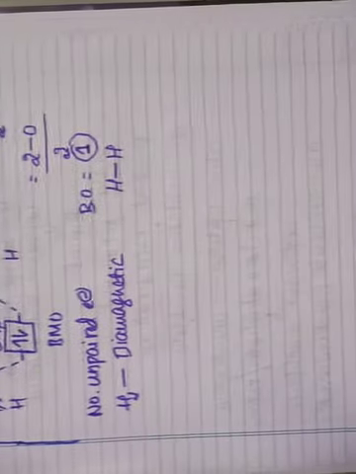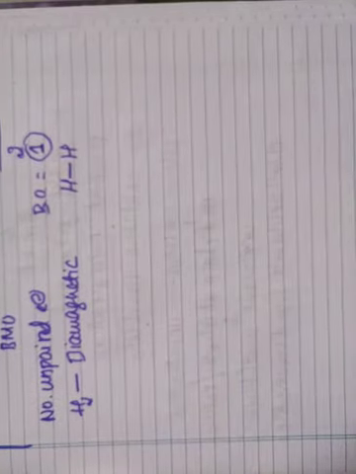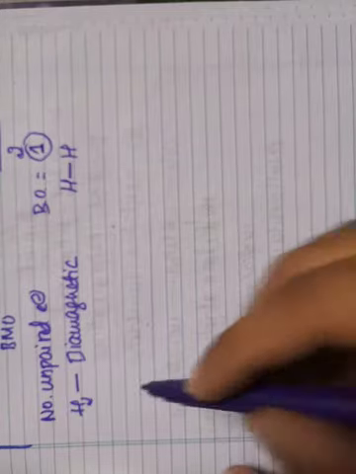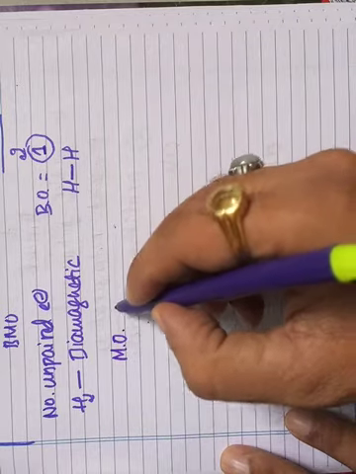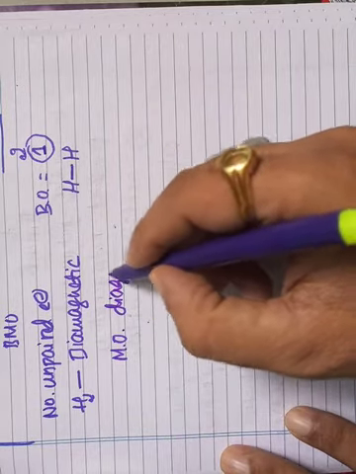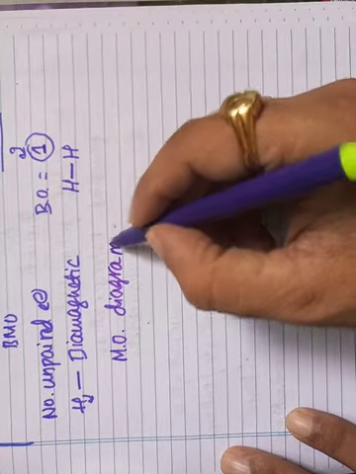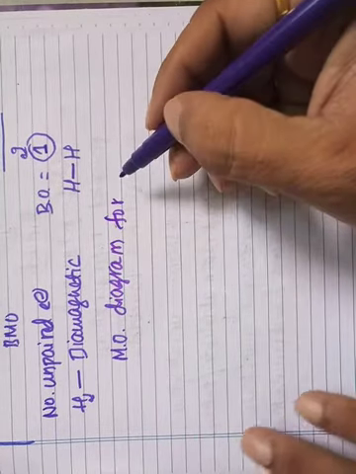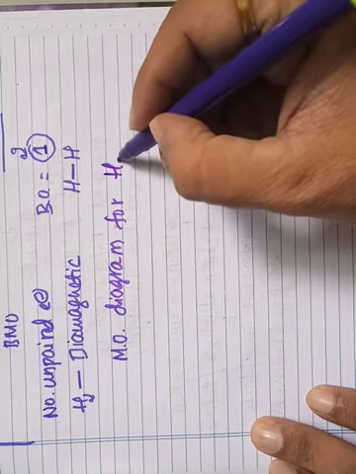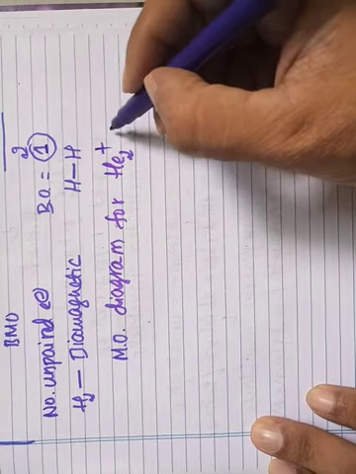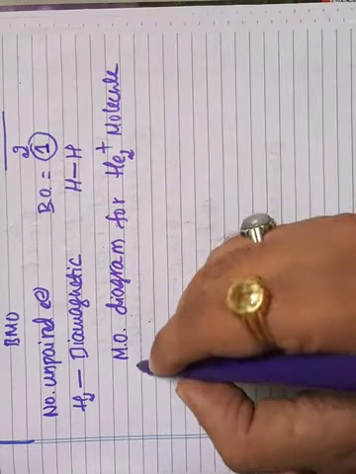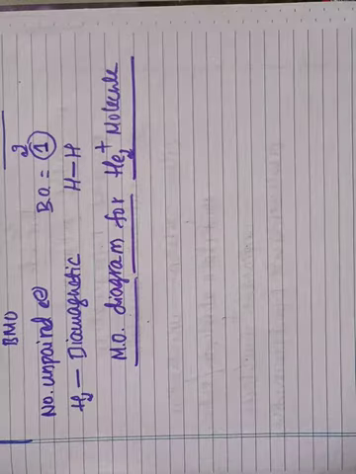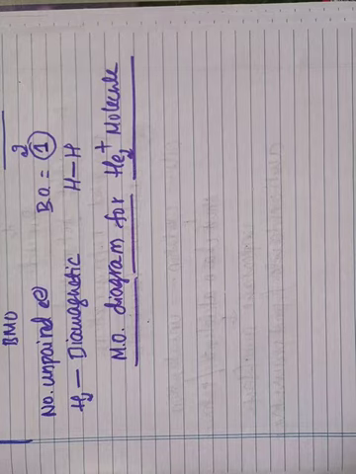Next we shall move on to one more molecule. Let us construct the molecular orbital diagram for the He2 plus molecule ion.